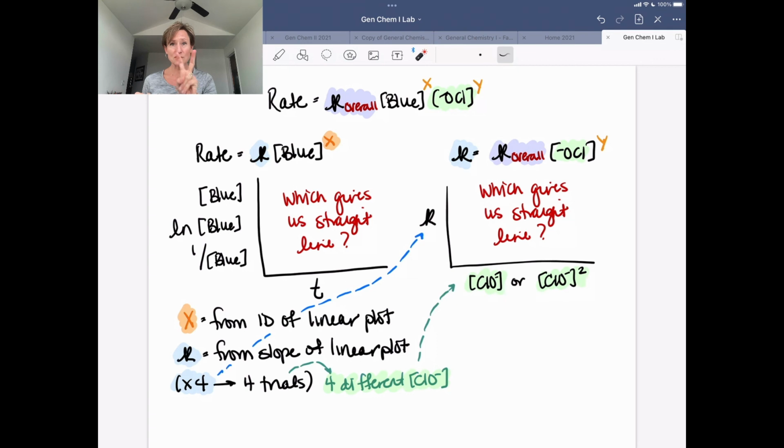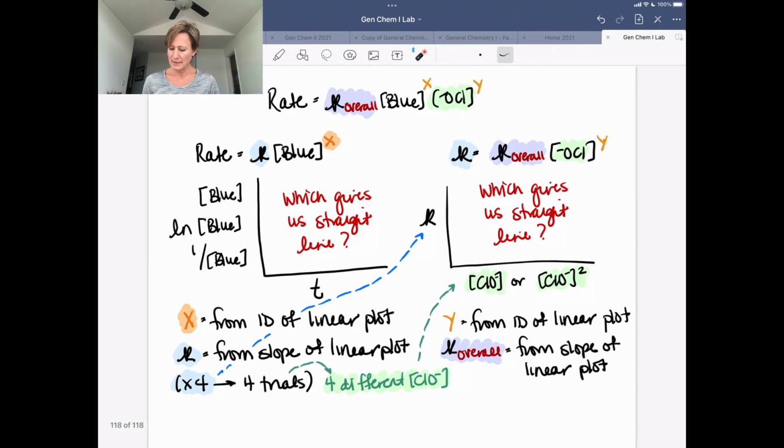And we had two plots for that because we had to say sometimes let's look at plotting it as just a direct relationship between the hypochlorite ion concentration, or does it look better? Does it look more linear? Which way gives us a straight line? Do we plot it as the square of the hypochlorite ion concentration? Okay, so we needed to say which gives us a linear plot. And that linear plot would determine what Y is.